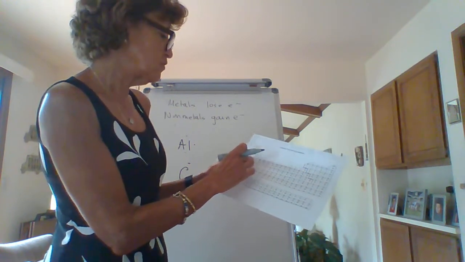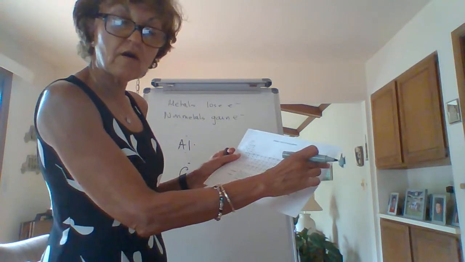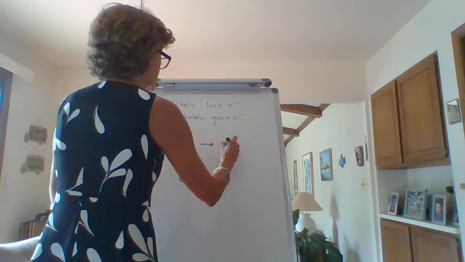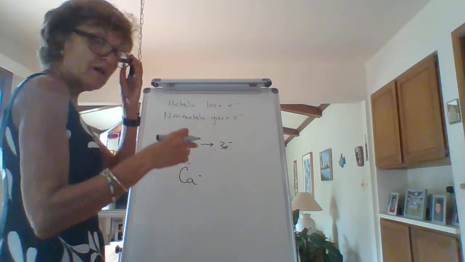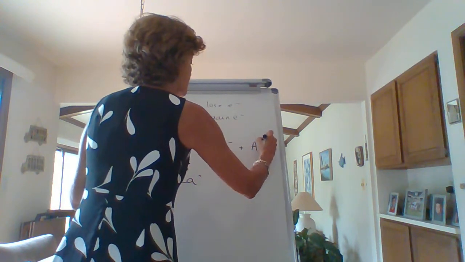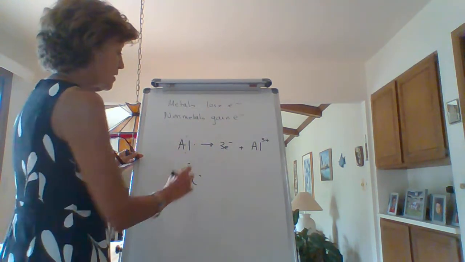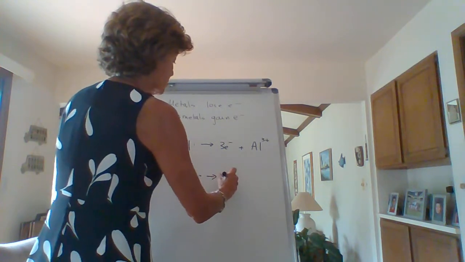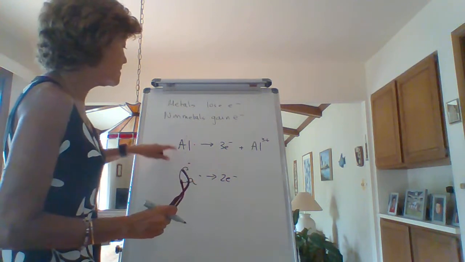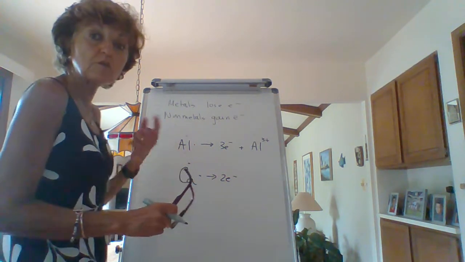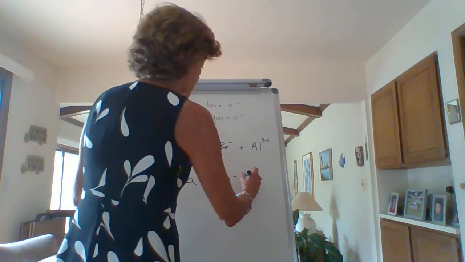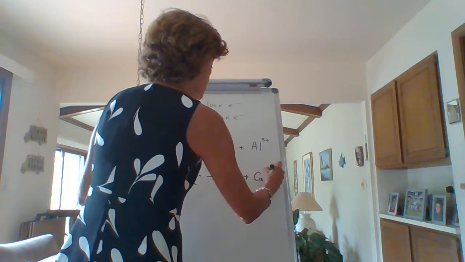Calcium wants to lose 2 electrons so it could look like argon. So aluminum loses 3 electrons, and if it loses 3 minuses, that means it has 3 extra pluses, so it becomes an aluminum 3+ ion. Calcium is going to lose 2 electrons, and why is it that it's losing 2? Because it has 2 valence electrons. Why is this losing 3? Because it has 3 valence electrons. Remember, sodium loses 1 because it has 1 valence electron. And then it becomes calcium 2+.